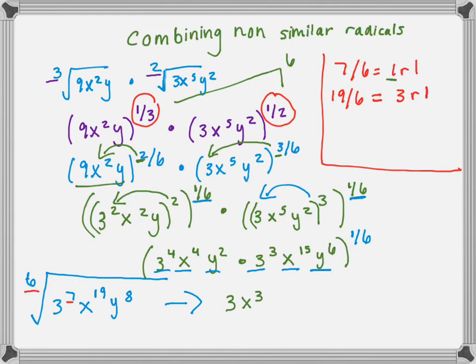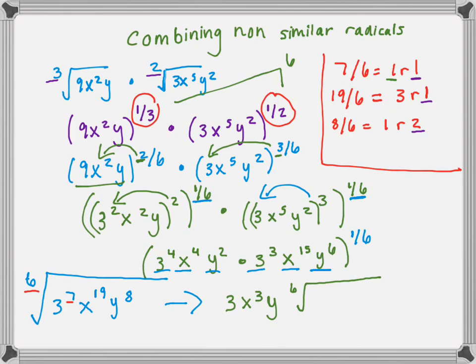And then if we look at the y to the 8th, 8 over 6 equals 1, remainder 2. So now we can pull out a y here. And then we have our 6th root, so everything else has to stay inside. And now what I'm underlining in purple is what's going to go back into the root.